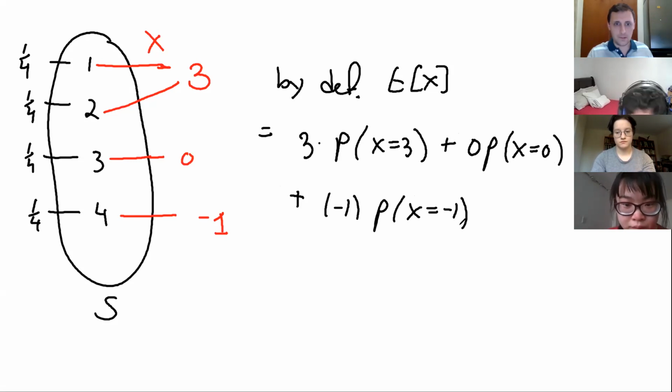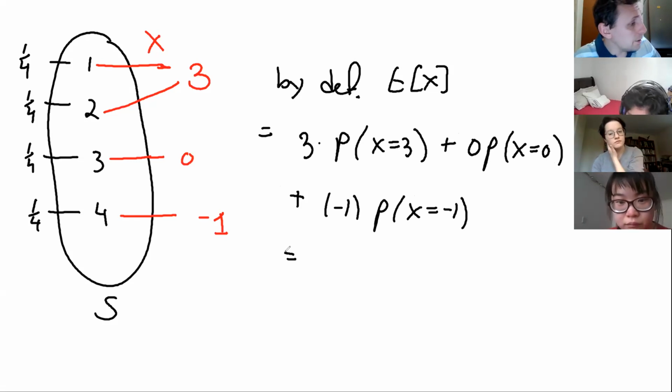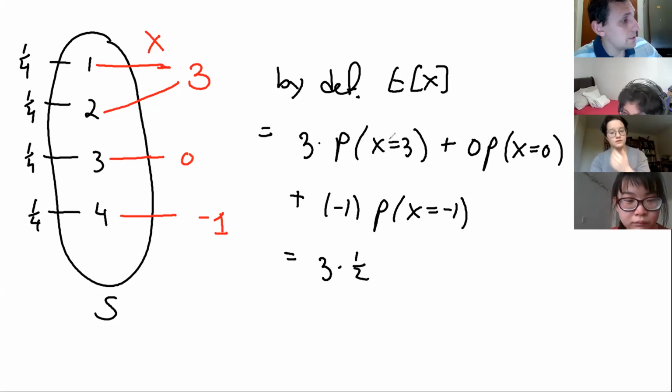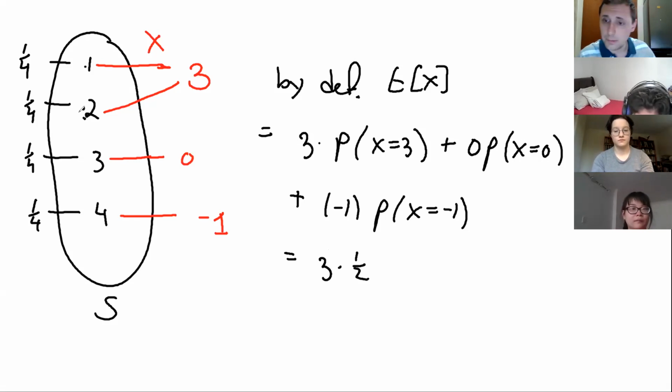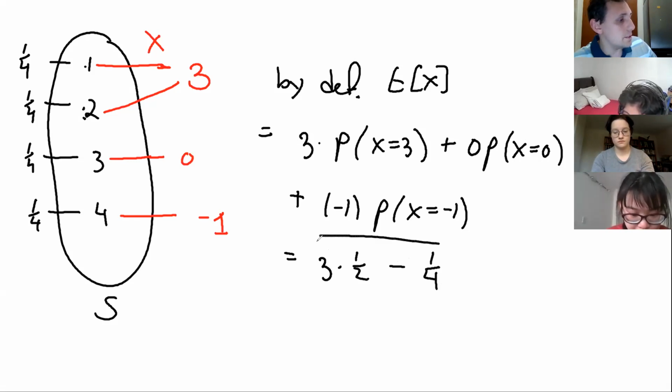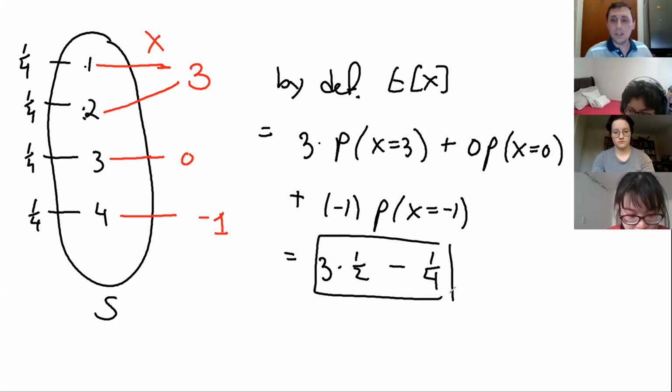That's the definition of the expected value of X, and that would have yielded 3 multiplied by 1/2. The probability that X is equal to 3 is 1/4 plus 1/4, right? Either if I get outcome 1 or outcome 2, I get that result. So it's 3 times 1/2. 0 here doesn't matter. So -1 times 1/4, so -1/4. This is the expected value computed by definition.